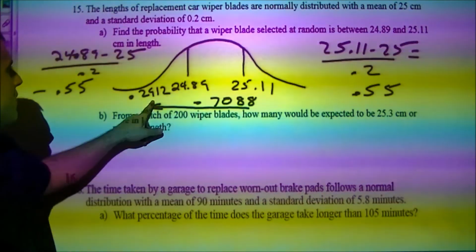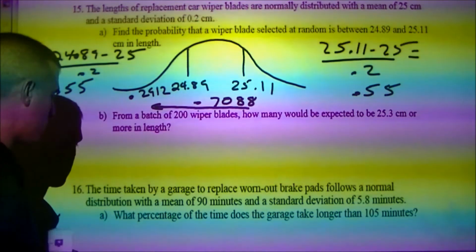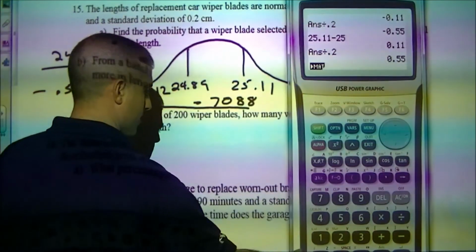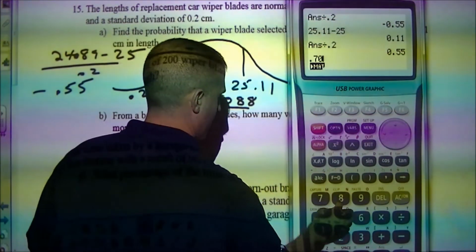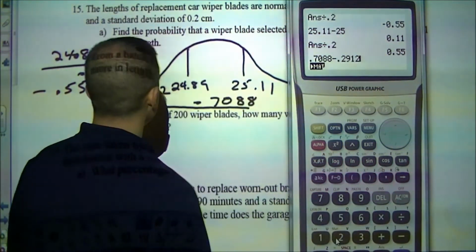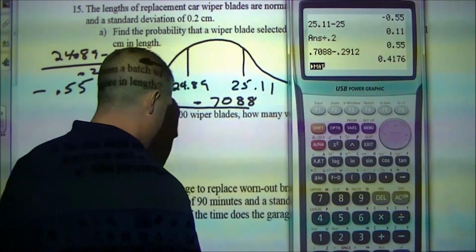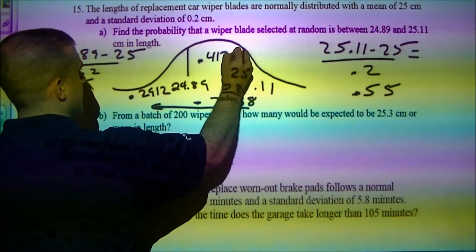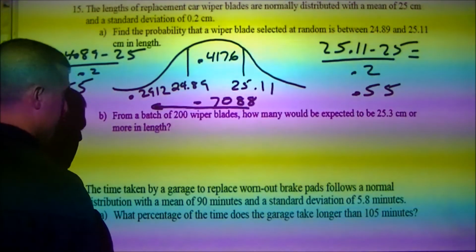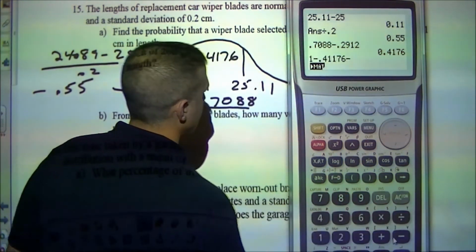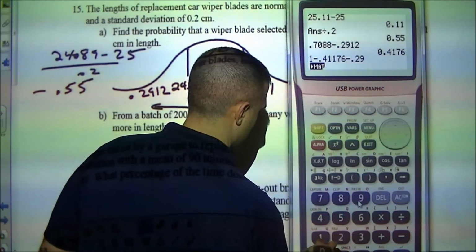If it's all the way over, I can find that probability very simply by subtracting: 0.7088 minus 0.2912. That tells me my probability is 0.4176. To figure out the other one, I can do the subtraction from 1, because they all have to total up to be 1.